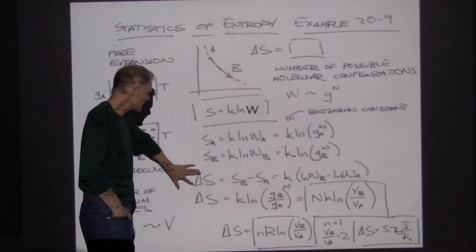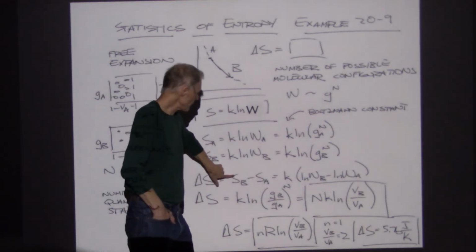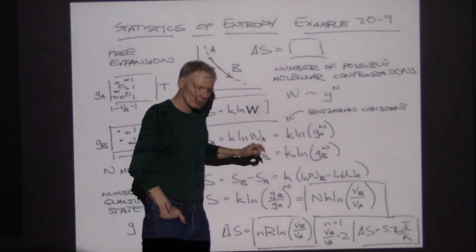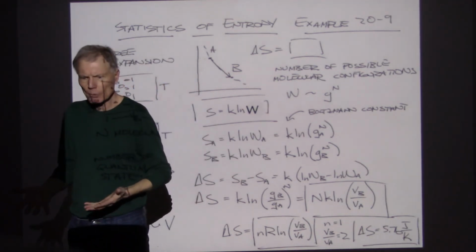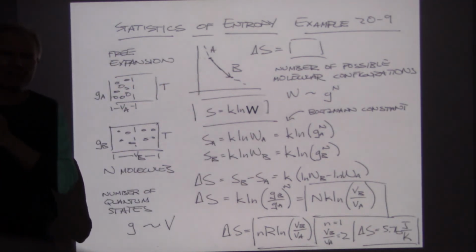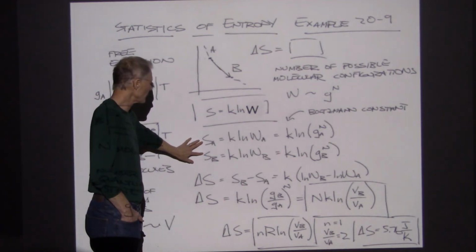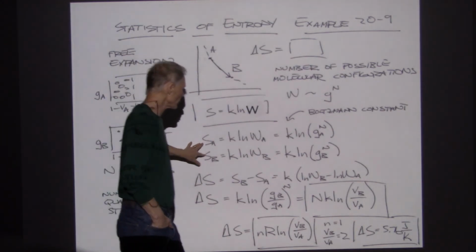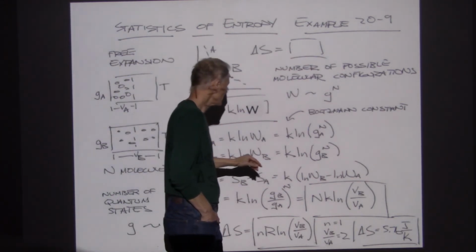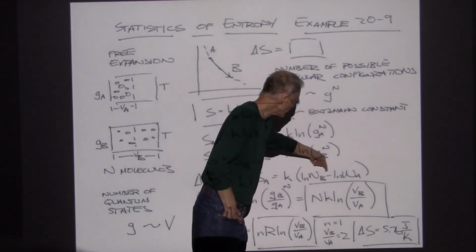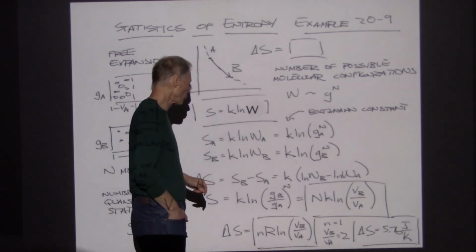Well, the increase in entropy is entropy B minus entropy A. Now notice we're talking about absolute amounts of entropy. It's not just delta entropy anymore, but we're actually talking about a certain amount of entropy for a particular setup. So this becomes the logarithm of W_B minus the logarithm of W_A.